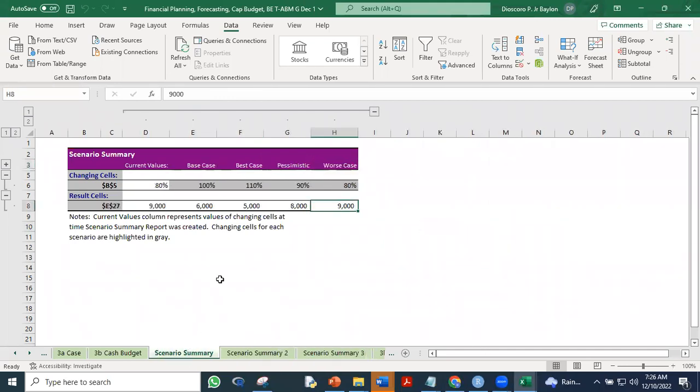Okay, so we have here 3 scenario managers, and it tells us what the result is.